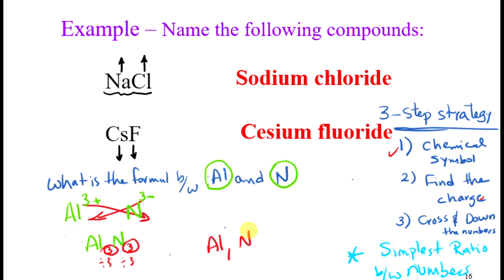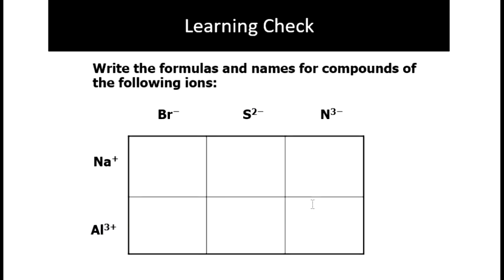And for nitrogen, 3 divided by 3, 1. And we don't write 1. So this is AlN. We call that aluminum nitride. If we have the numbers 3, 3, 2, 2, 2, 4, 3, 6, any numbers that you can simplify, please simplify them.